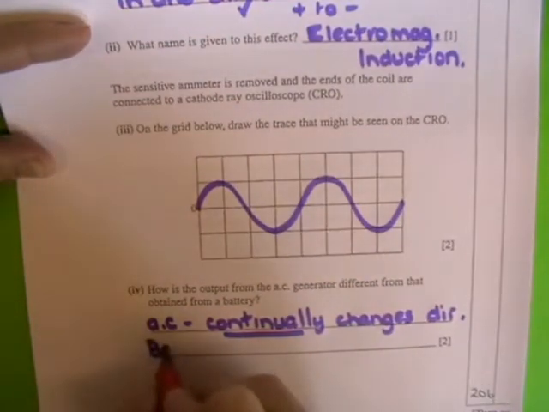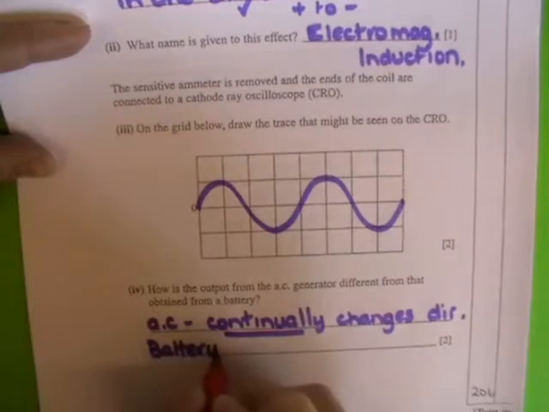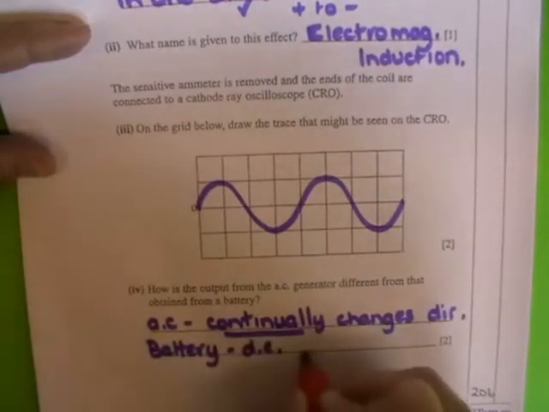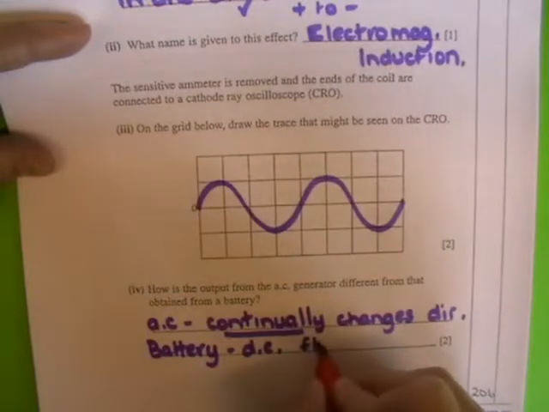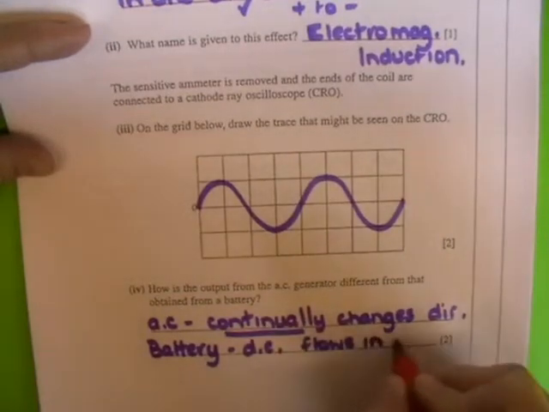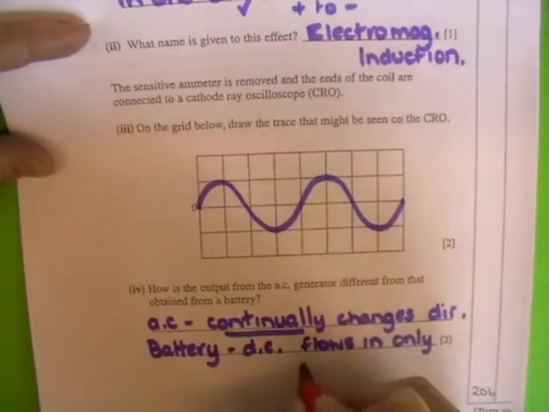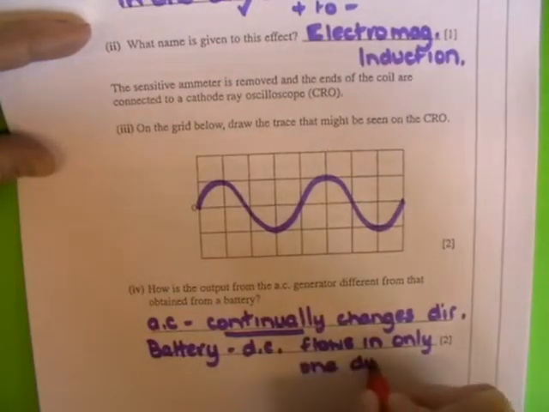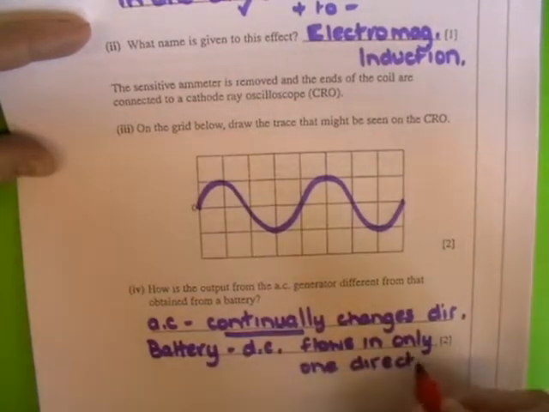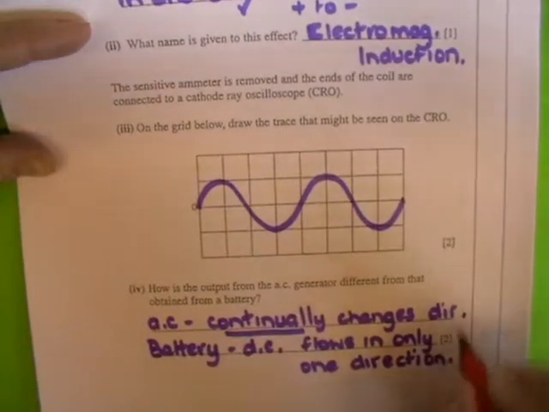From a battery you get DC and it only travels in one direction. And that's your 2 marks.